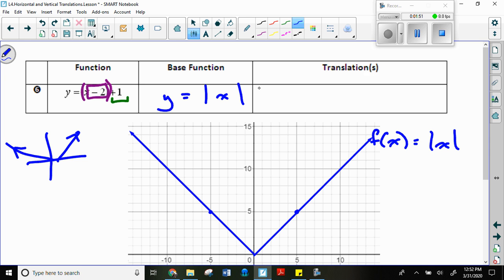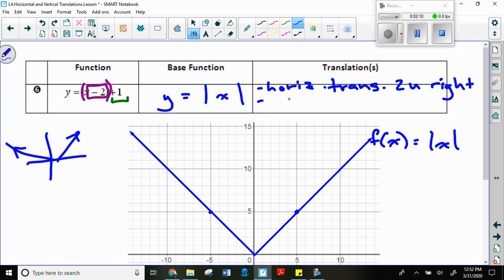So we always read our translations from left to right. We're going to go horizontal translation 2 units. If it's -2 in the bracket, do the opposite, to the right.